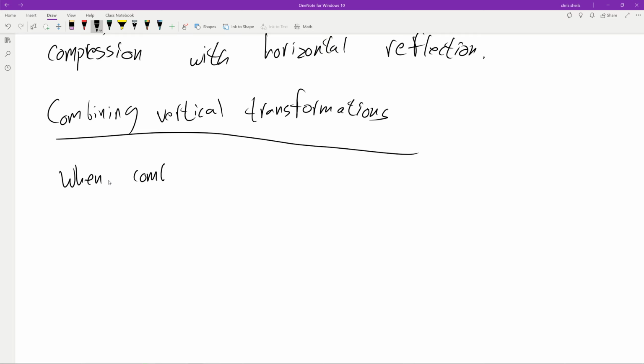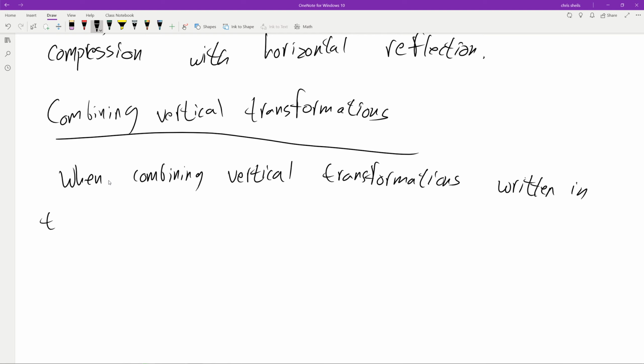When combining vertical transformations written in the form a times f of x plus k, first vertically stretch by a, then vertically shift by k.